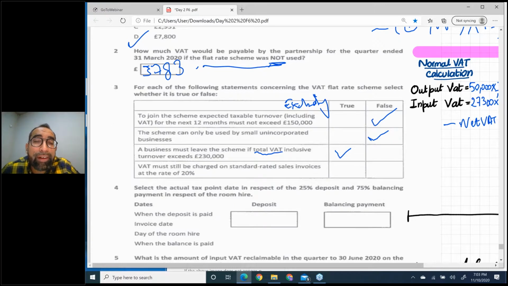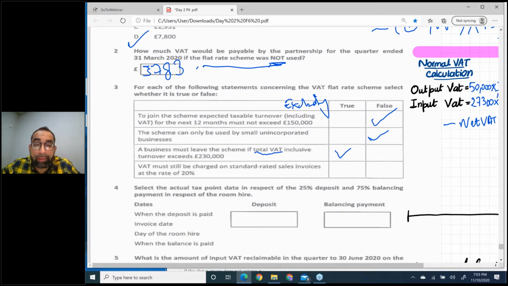So don't forget, 150,000 is exclusive of VAT plus its taxable turnover, and 230,000 is inclusive of VAT plus its total sales. It is total turnover. Okay.